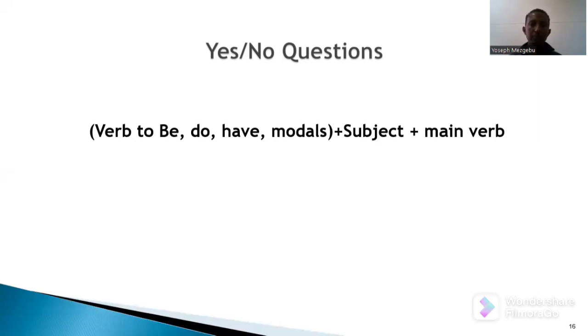The verb to be, the verb to do, the verb to have, the modals, plus subject plus the main verb. Since these are auxiliaries, they come first, then directly the subject, then the main verb. In forming yes-no questions we saw the verb to be earlier, then the verb to do, the verb to have and modals.